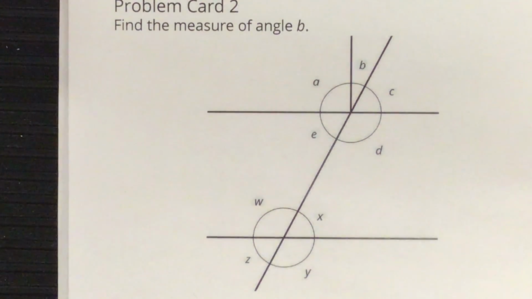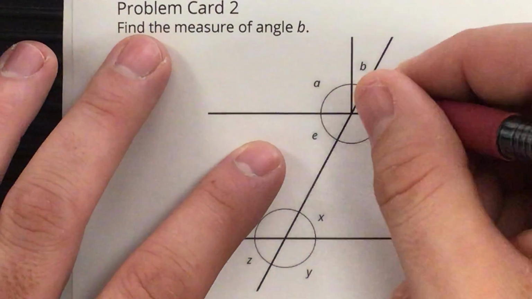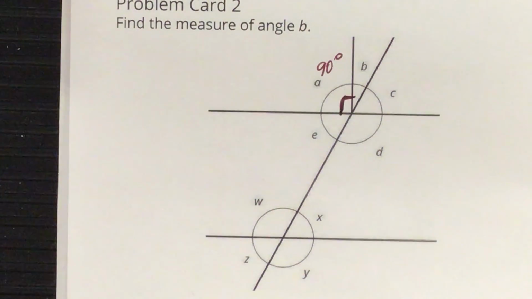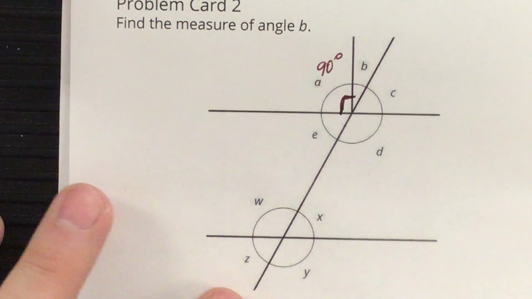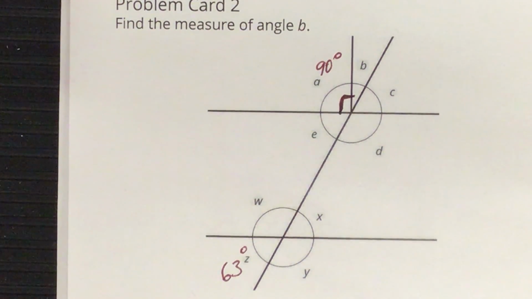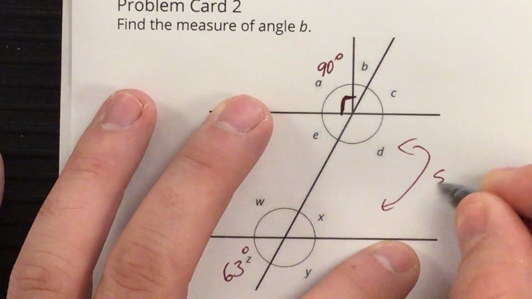All right, I'm going to give you some information for this one as well. It says it wants to know angle B right here in the directions, Chesney. All right, it tells me, angle A is 90. Angle Z is 63. X and D are supplementary.